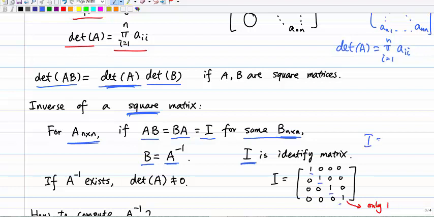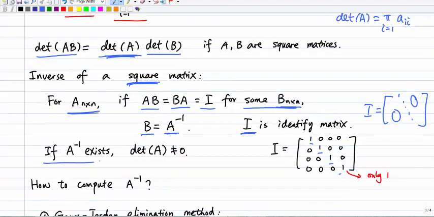The identity is always like this: 1, 1, 1, 1 on the diagonal entries, and the other part will be just 0. So if that's the case, B is called the inverse of A. If the inverse of A exists, we can also say the determinant of A must be non-zero.